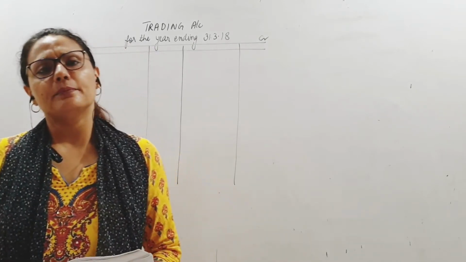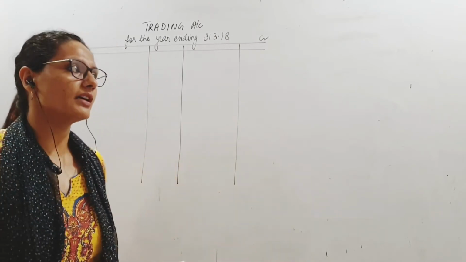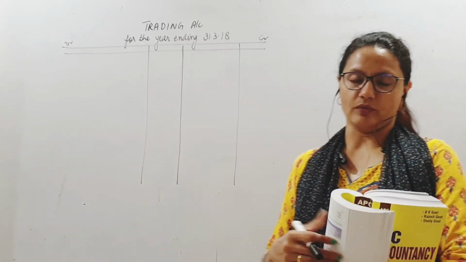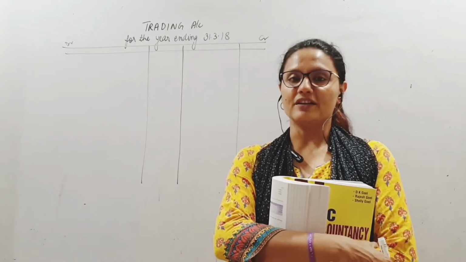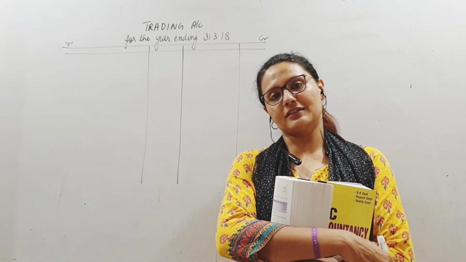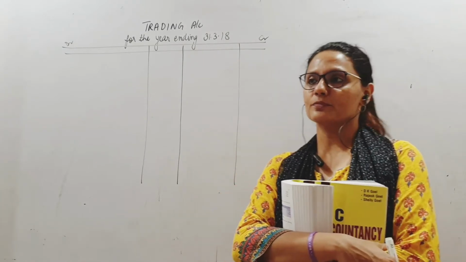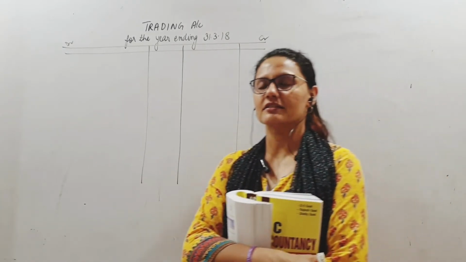Okay, in the previous videos, we have done trial balance, and in trial balance we have come to know about the concept of cost of goods sold. Cost of goods sold, if you remember, is opening stock plus purchases plus direct expenses minus closing stock, right? And of course, for purchases, here we take the net purchases.